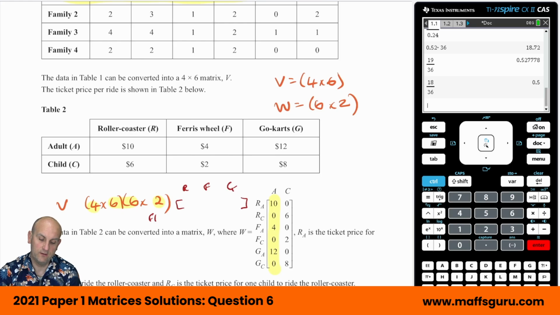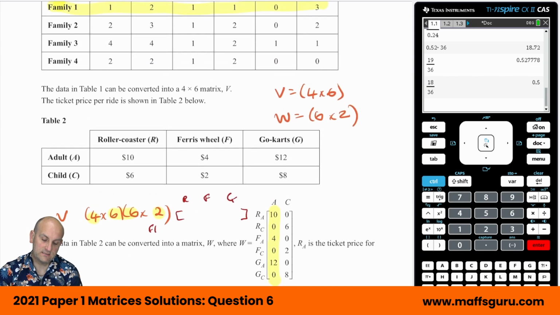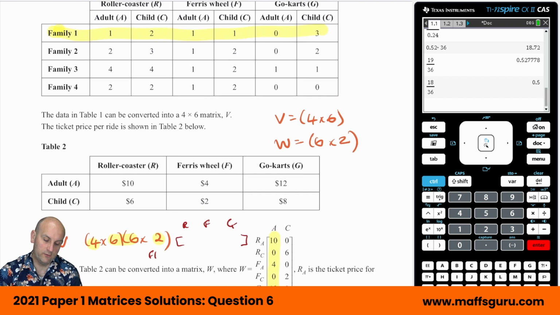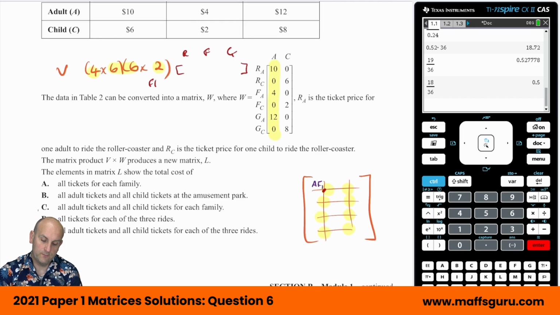So we're going to have the adults of family 1. The next time we do it, when we multiply the next one, we're going to do that times the children. So that next one would be family 1 children. This then would be family 2 adults, family 2 children, family 3 adults, family 3 children, and so on.